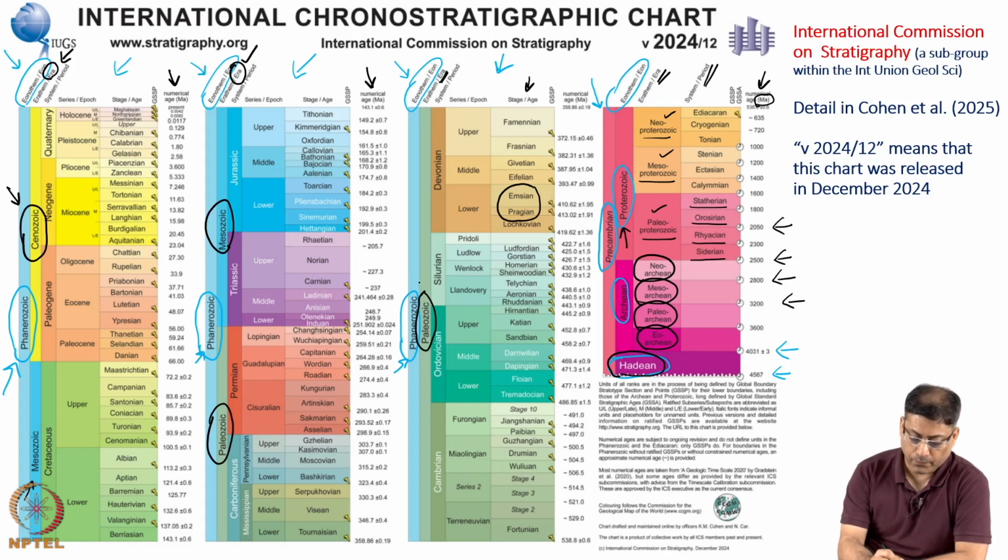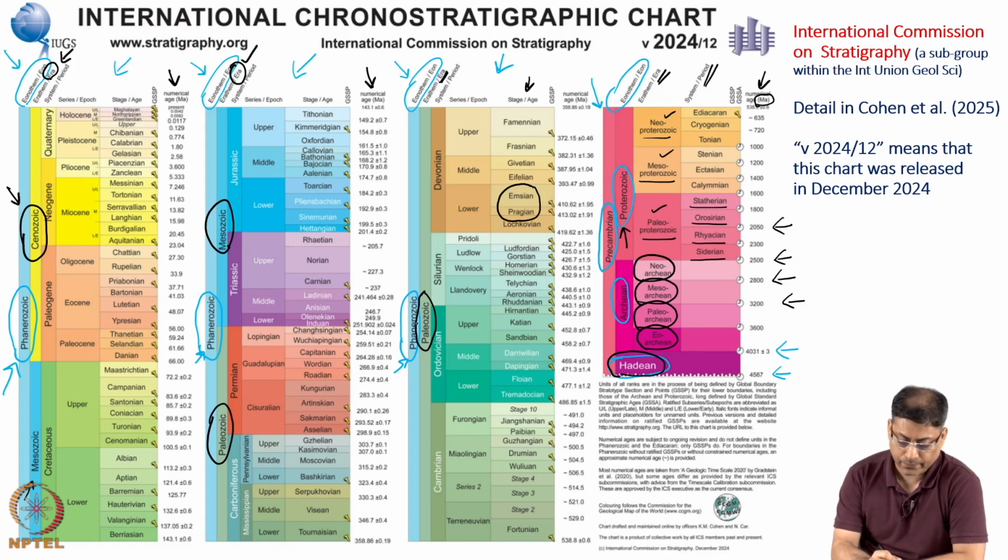Now, we can divide Paleozoic into several periods. For example, Cambrian. Before Cambrian, whatever is there we will call the Precambrian, and that is why it was written here. And you can see Precambrian is not a formal name coming within eon, era or period.